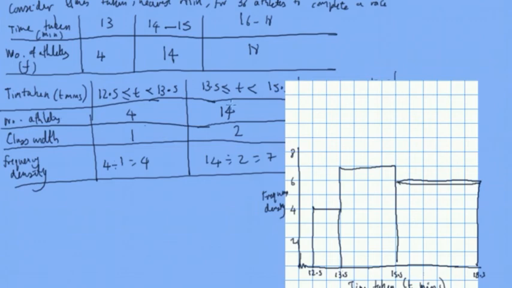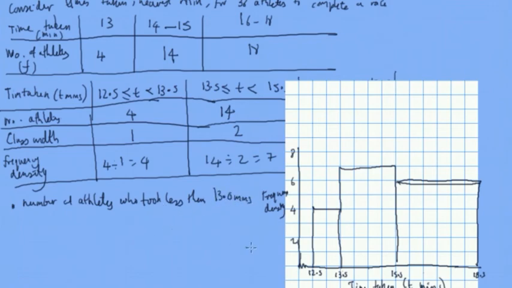Now, we can use this to work some things out. We want to use our histogram to work out the number of athletes who took less than 13.0 minutes.